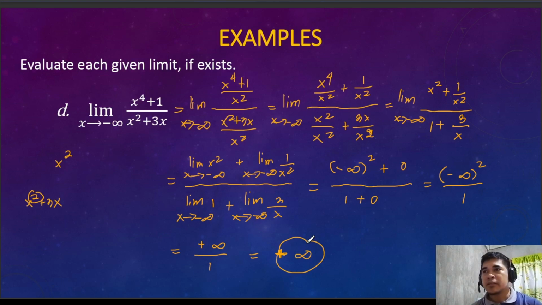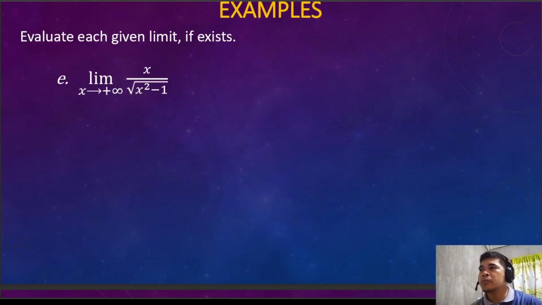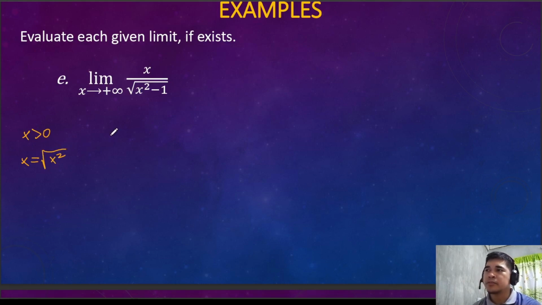Okay? Now let's have the last example. Limit of x over x square root of x squared minus 1 as x approaches positive infinity. Observe that as x increases without bound, x is greater than 0. So, our x is equal to the square root of x squared. Right?